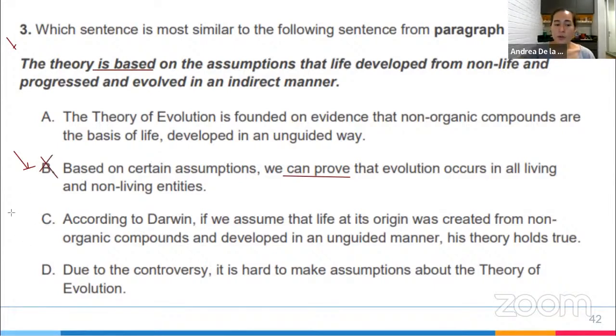Now, same thing goes for option C. What is the main verb of option C? And that is a little bit more complicated than the other ones. What's the main verb?